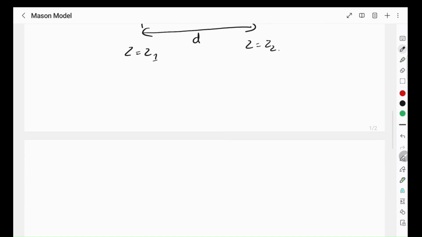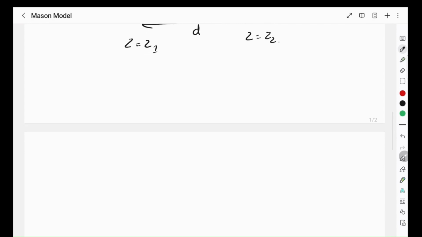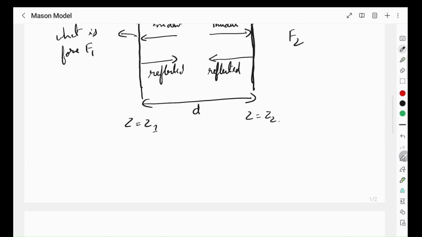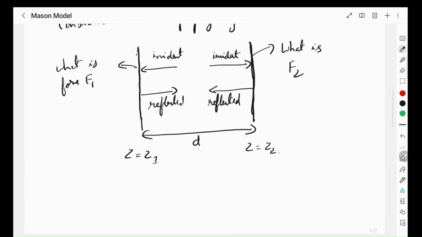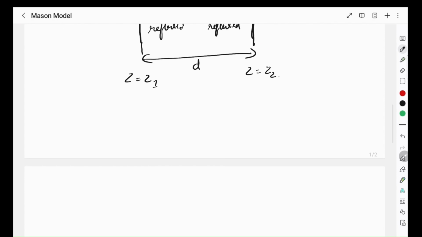These two things are what we'll be finding at the end of this video. When you have a force applied here, you will have waves formed in this region, and because of the incident and reflected waves inside, you will get standing waves inside.